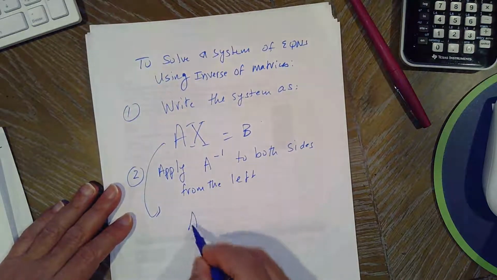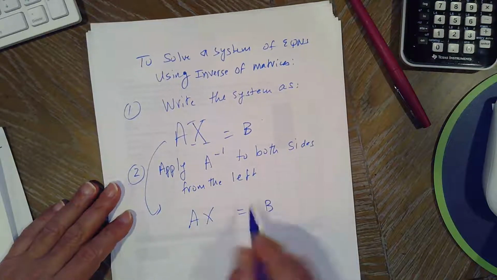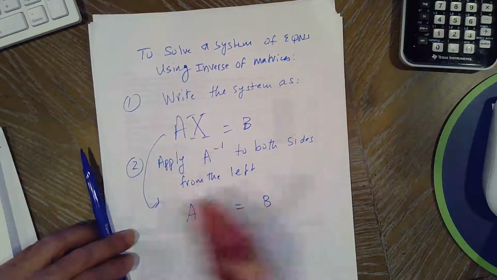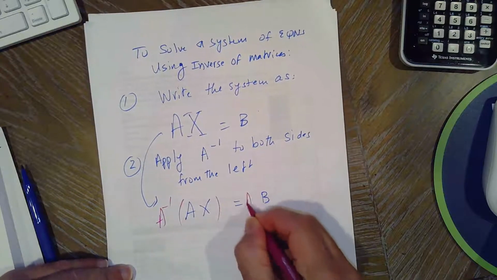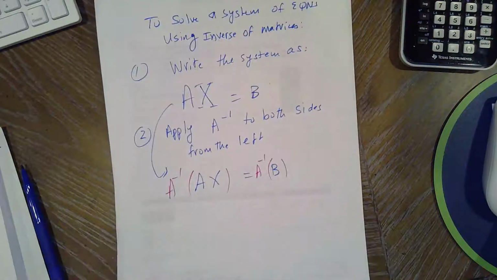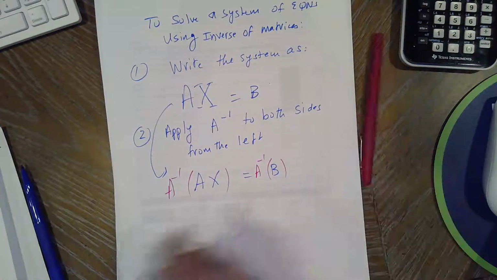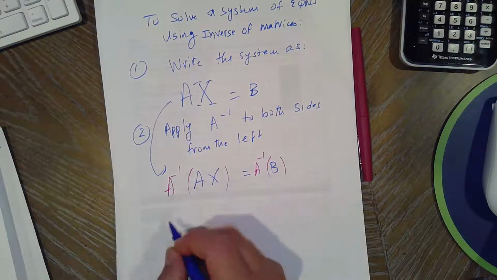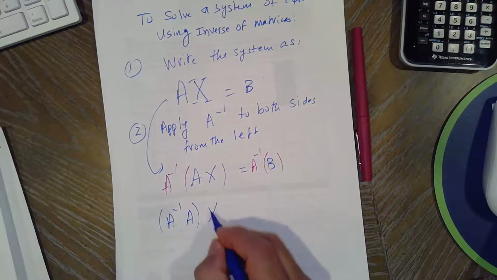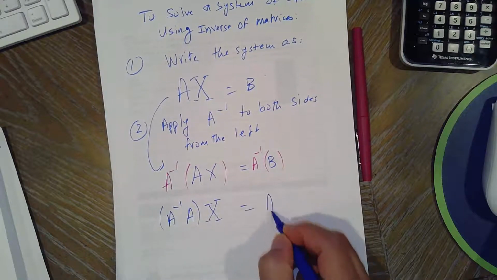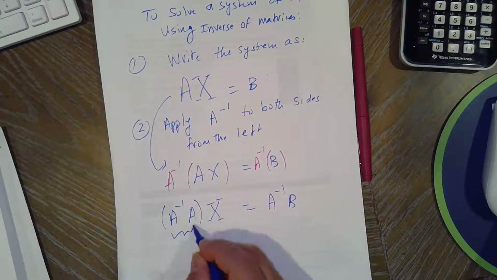So basically you have AX equals B. This is the left, this is the left. So you do A inverse and then A inverse. Because matrix multiplication is not commutative, you've got to be careful. And since matrix multiplication is associative, you could do that: A inverse A times X equals A inverse B. That's the identity matrix.